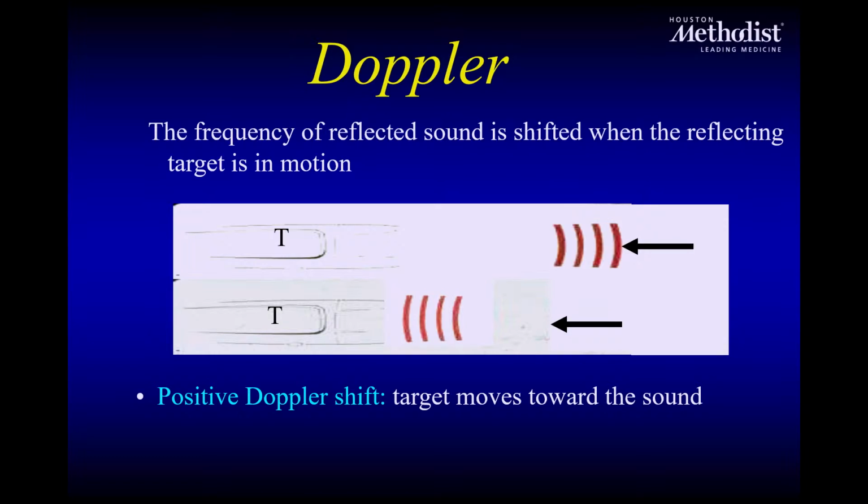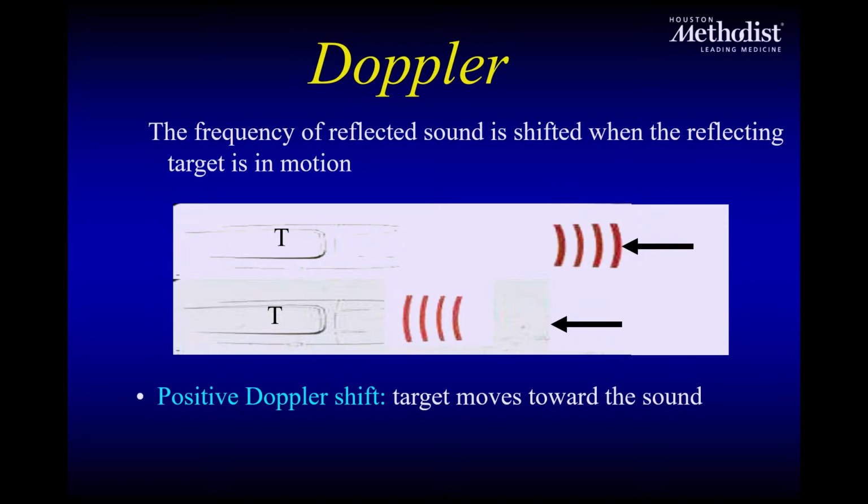Probably the best example nowadays is if you're standing close to a train track and you see a train coming in, you can hear the frequency of the emitted sound increase in sharpness and pitch, and then decrease in pitch when it goes away from you. So you can hear it accelerating and then going down.